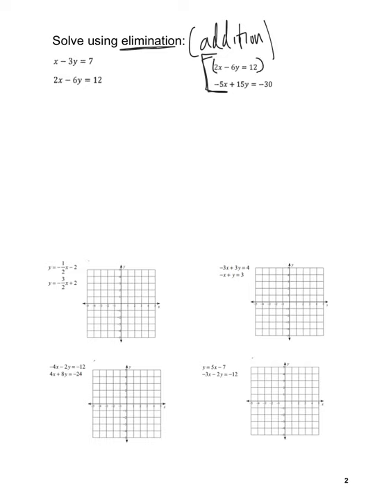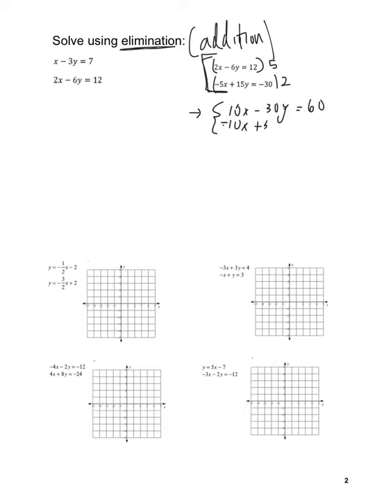Multiply this entire second one by 2, and that means I can rewrite my system as 10x minus 30y is equal to 60. The second equation within the system would be negative 10x plus 30y equals negative 60.